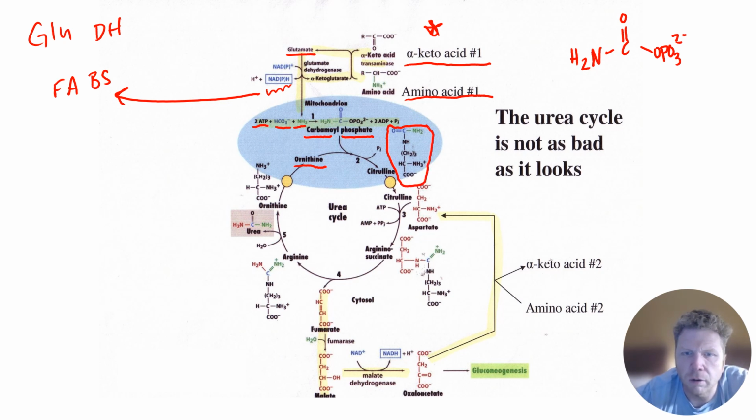Citrulline has our carbon right there, and then our nitrogen right there. This effectively is our parts of ornithine that were used to make citrulline. Now this has all taken place in the mitochondria. Citrulline is going to be transported out of the mitochondria into the cytosol.